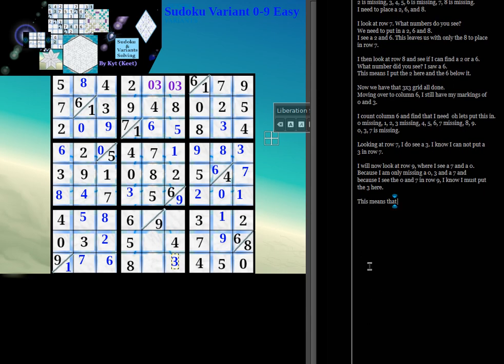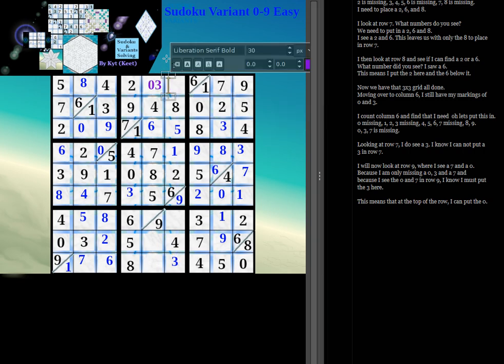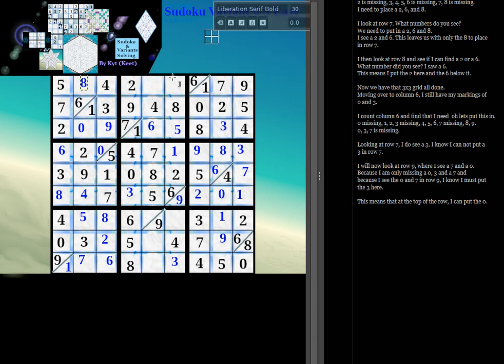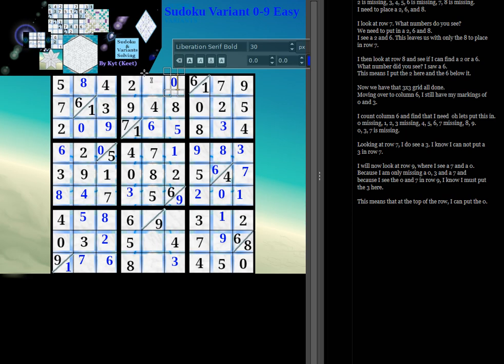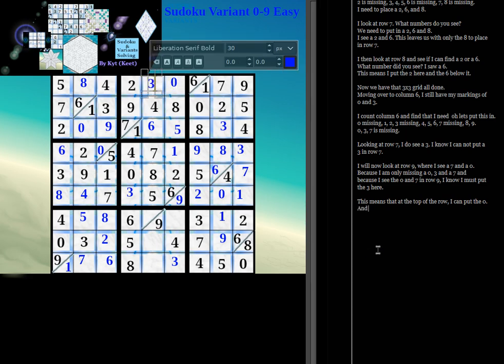This means that at the top of the row, I can put the 0. And in row 1, I can put the 3 in column 5.